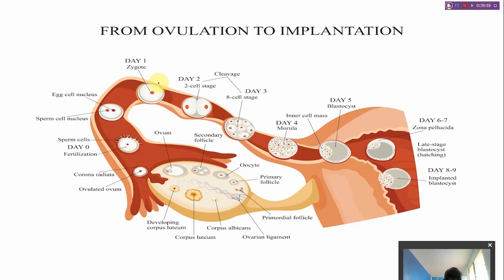So this will become the zygote. There's going to be a cleavage, the divisions, separation of the cells. This normally occurs when a twin is about to occur. So one egg can produce two, or you can see two separate eggs or zygotes. When two zygotes are separated, they are fraternal.